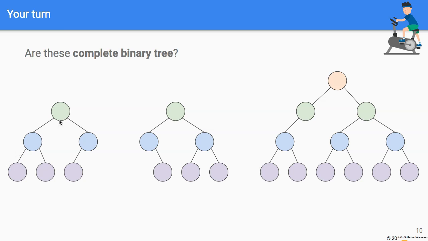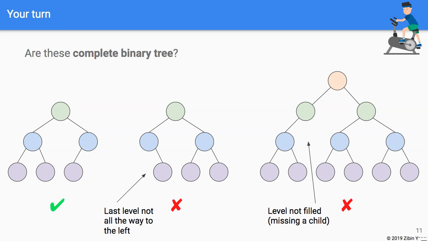Based on the previous definition, can you look at these three trees and try to figure out if they are complete binary trees or not? So assuming you've done that, the first one is a complete binary tree because the highest levels have all the nodes there, right?